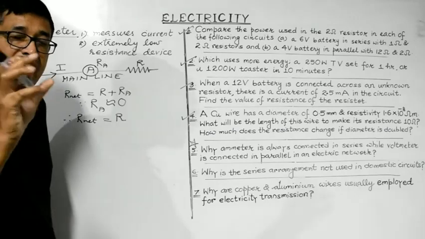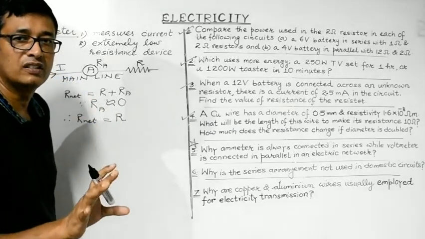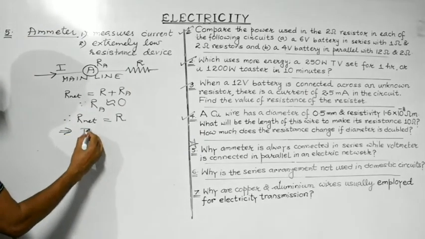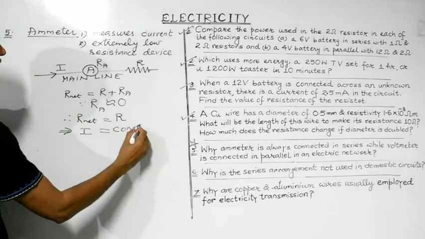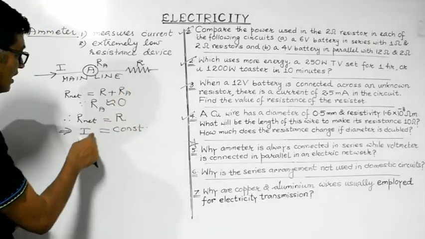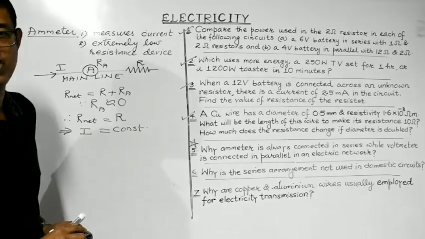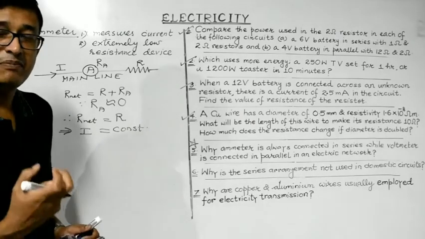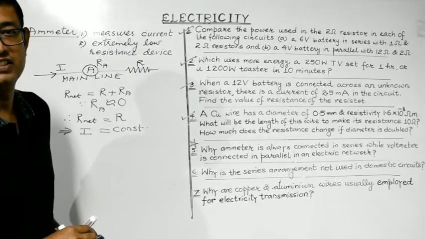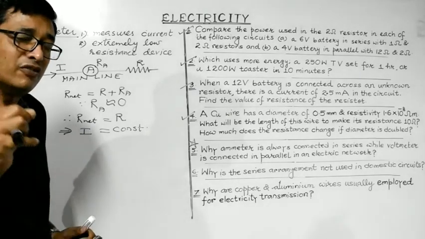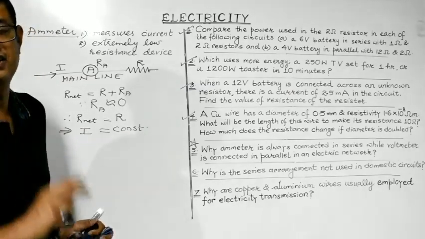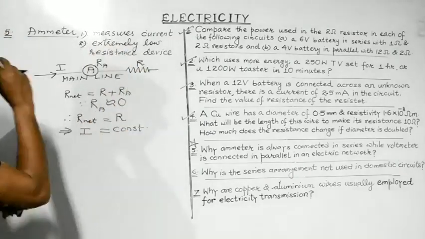So, on connecting the ammeter in series to an electrical network, the resistance of the network remains constant, which implies that current will remain unaltered, and it is this current which it will measure. So, this is how the ammeter is able to give us the actual value of the current flowing through the circuit. Clear, students? This is the very reason why an ammeter is always connected in series. I hope you have understood the concept.